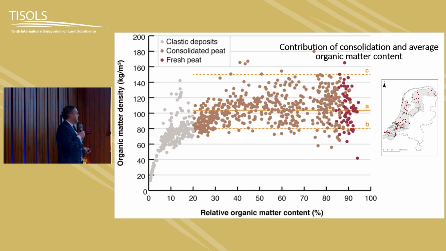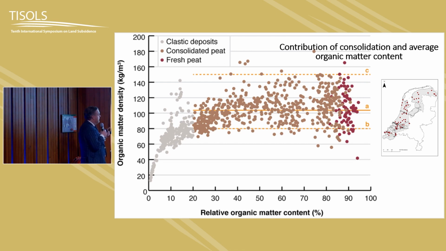This is actually a byproduct of a paper that Michiel and I wrote a couple of years ago, but it's one of the most interesting figures. I like it a lot, but maybe that's just me. Let's see if you like it as well. It shows the relation between the relative amount of organic matter content in the Dutch peats, from samples taken all over the coastal plain in the Netherlands, against the organic matter density.